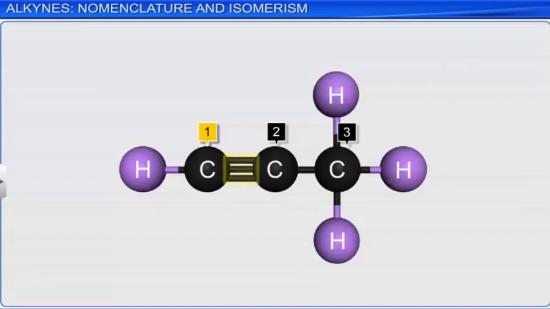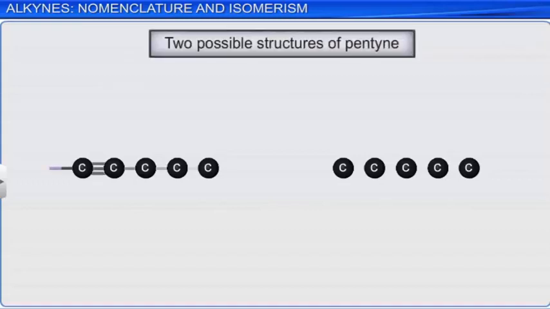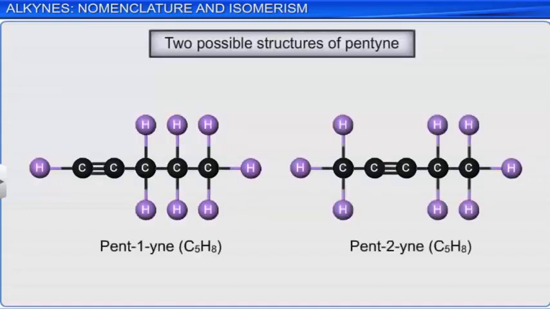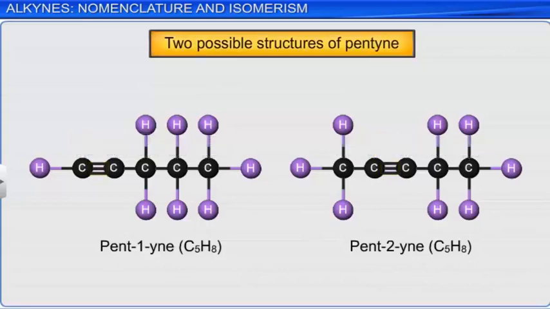However, in some alkynes, there may be more than one possible structure because the position of the triple bond may be different in each structure. For example, pentyne has two structures, as shown here. In one structure, the position of the triple bond is 1, whereas in the other, it is 2.